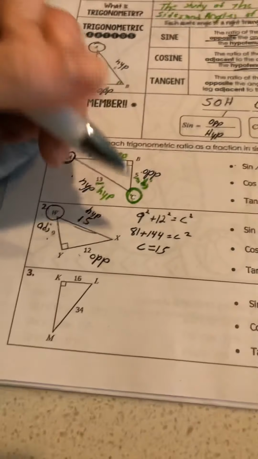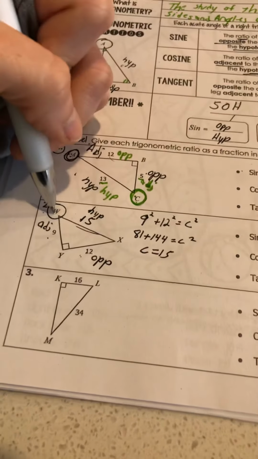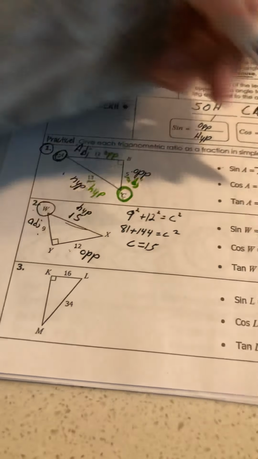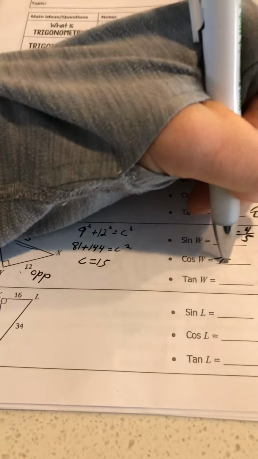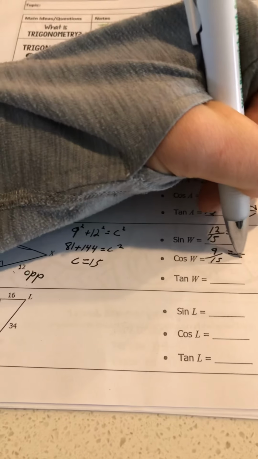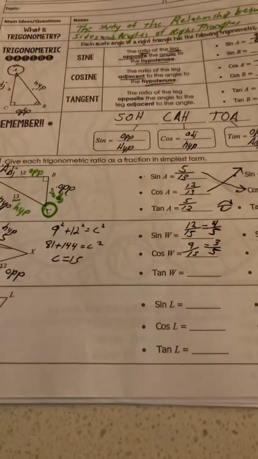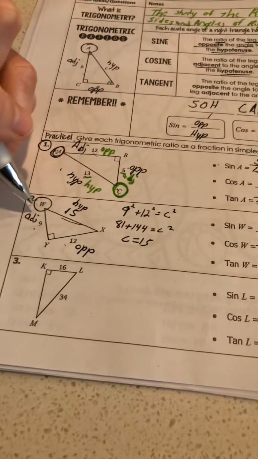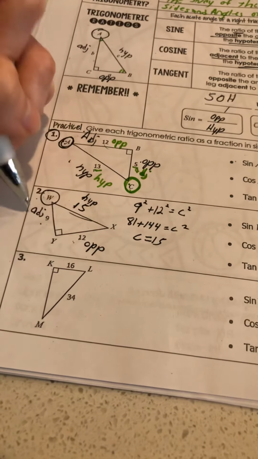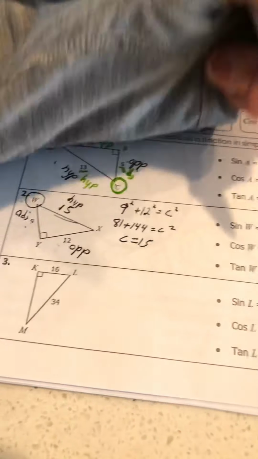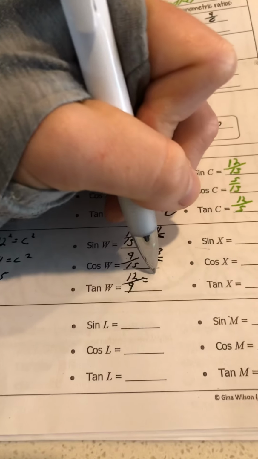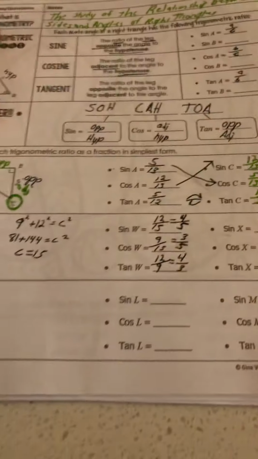Okay, and the next one, cosine, CAH, so that's 9 over 15, which can also be divided by 3 to get 3/5. Okay, and the last one, tan, TOA, 12 over 9, which we're going to simplify to be 4/3.